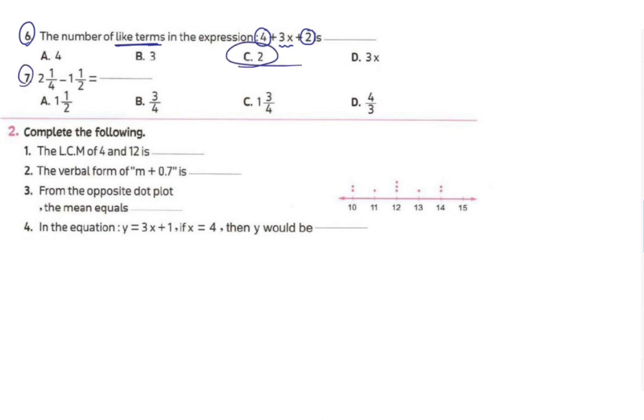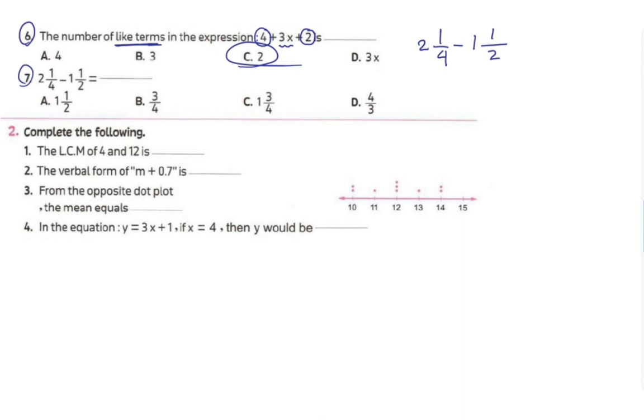Point number 7. 2 and a quarter minus 1 and a half equals what? Now I have a subtraction question. Now I need to solve 2 and 1/4 minus 1 and 1/2.